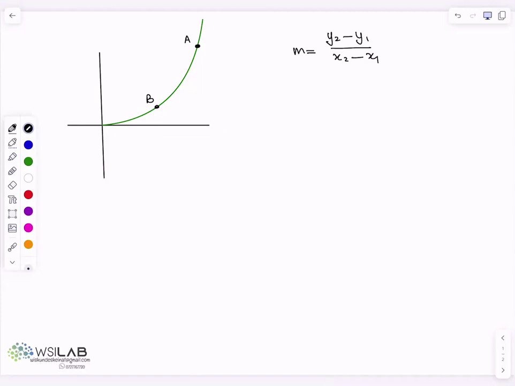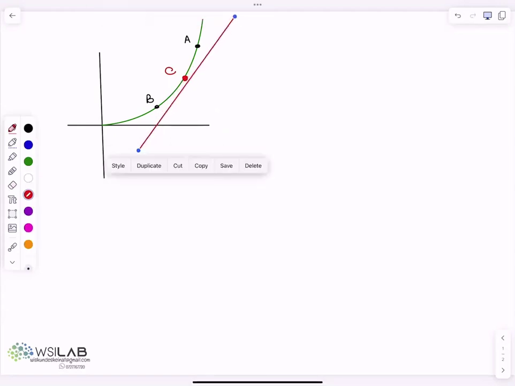Yes. But that's just called an average gradient. That's your average gradient between 2 points. I can also ask you to get a gradient only at point C. Now, if I draw a tangent there, it's going to look slightly different.